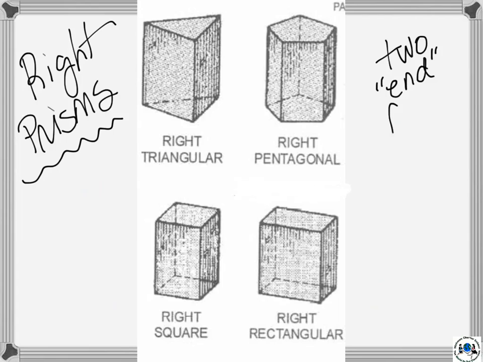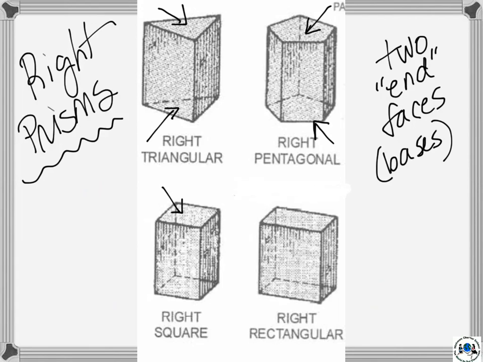Okay, 2 end faces, bases. That's what you can see there. So in this case right here, you have the 2 end faces or bases. In this one, they are triangular. You can see the triangle. In this one, they are pentagonal, and you can see the pentagon here, a 5-sided shape.